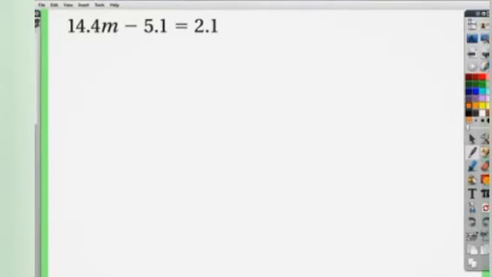All right, now the numbers look kind of crazy, but the idea is still the same. Keep in mind, look, 14.4 times m, that thing is usually going to be the last of what you do. You're going to get that m term alone, and then you'll divide by 14.4, right? Really common thing to do. We got to get there first. So how do we get 14.4 m by itself?